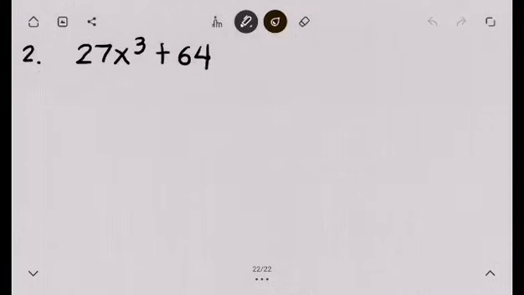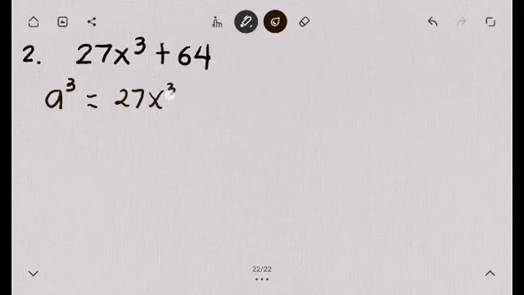Okay. So, last example, we have 27x cubed plus 64. So, ang 27x cubed at 64, pwede nating masabing under the sum of two cubes. Kasi perfect cube yung dalawang term. So, ibig sabihin, proceed na kaagad tayo sa pag-extract ng value ng a and b.